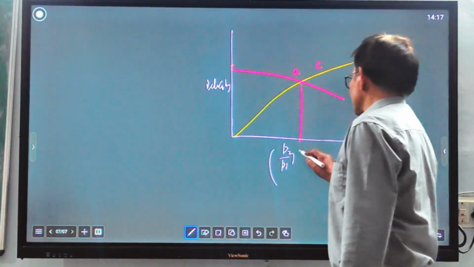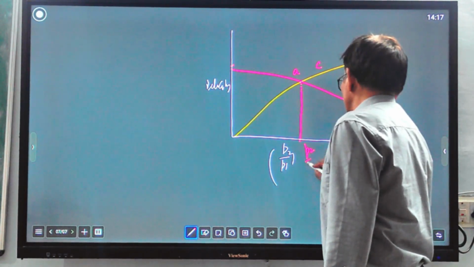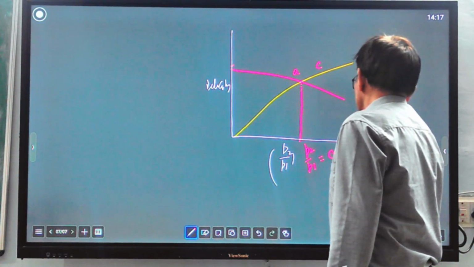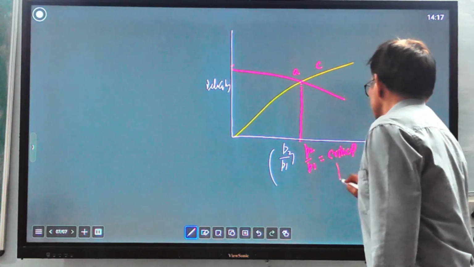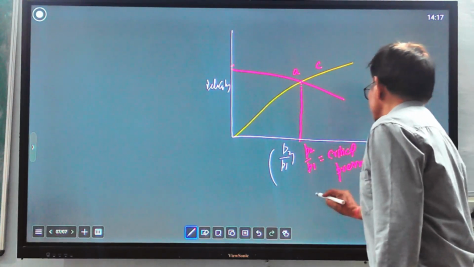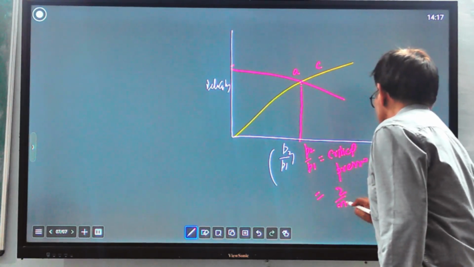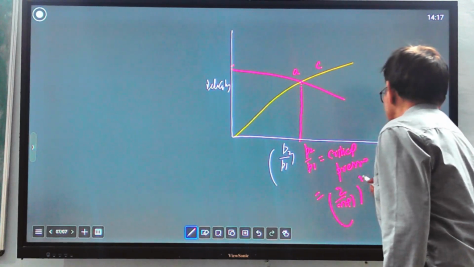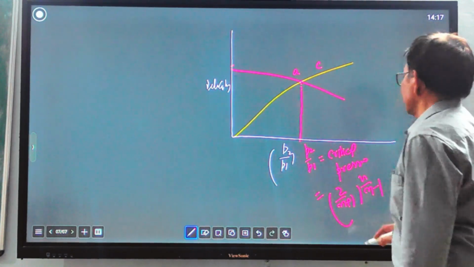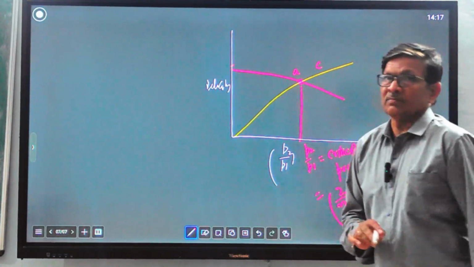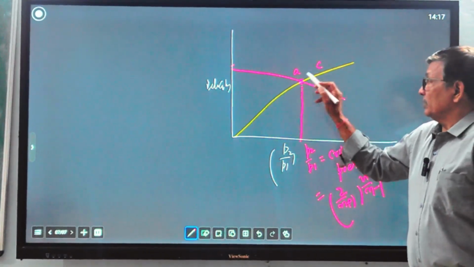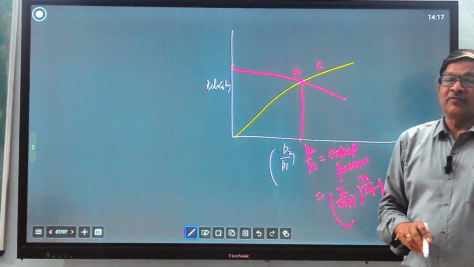At this critical pressure ratio, P2 by P1 equal to the critical pressure ratio, at this point it is equal to 2 upon n plus 1 to the power n upon n minus 1. At this condition, the steam velocity will become the sonic velocity.